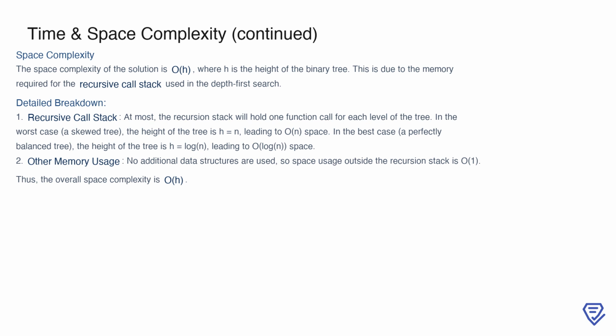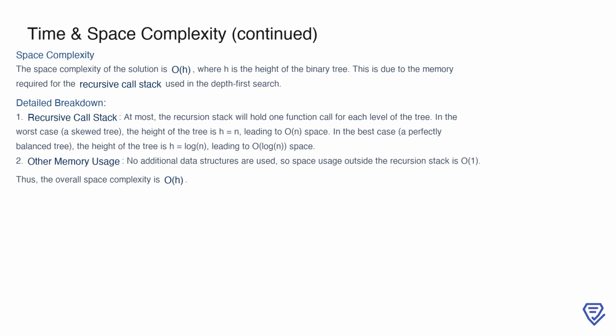This arises from the memory needed to maintain the recursive call stack during the depth-first search. Let's go into more detail. At any point during the recursion, the stack will hold 1 function call for each level of the tree. In the worst-case scenario, the tree is skewed, meaning all nodes have only 1 child. In this case, the height of the tree equals the total number of nodes, n, and the space complexity becomes O(n).